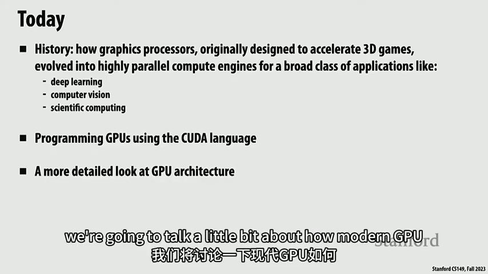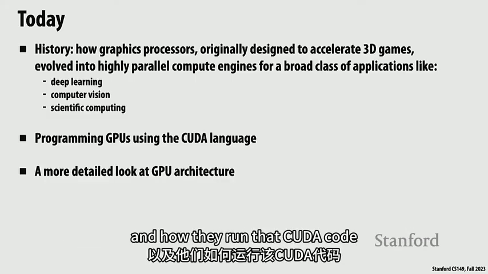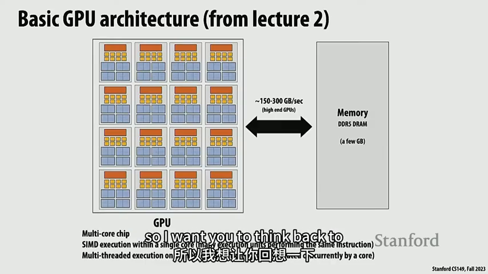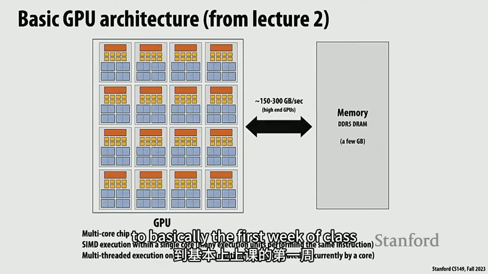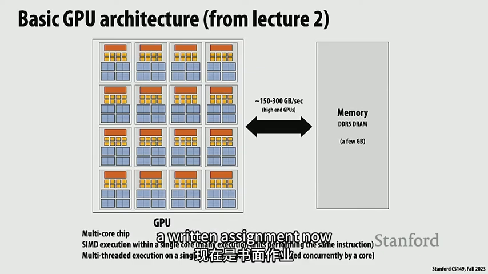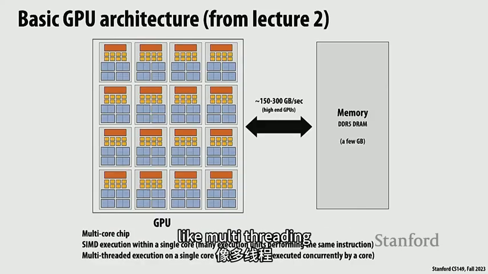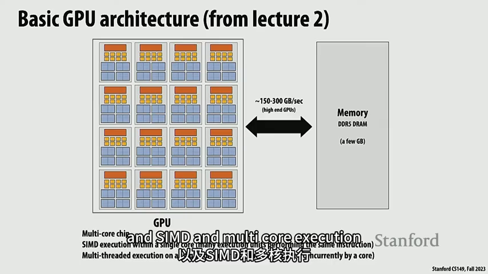And then we're going to talk a little bit about how modern GPU architectures work and how they run that CUDA code. So I want you to think back to basically the second week of class. We talked about, and you've done a written assignment now, really working through the details of ideas like multi-threading and SIMD and multi-core execution.